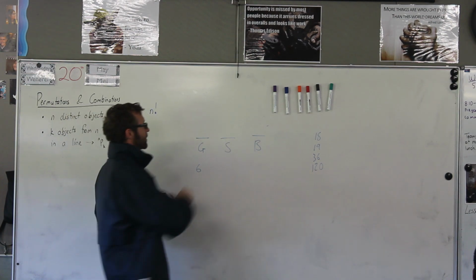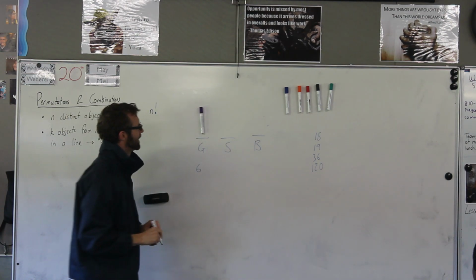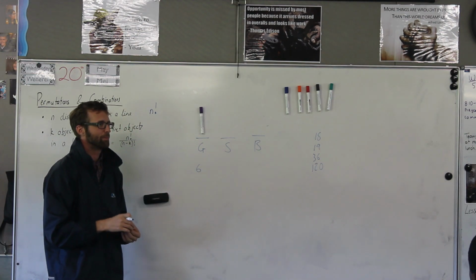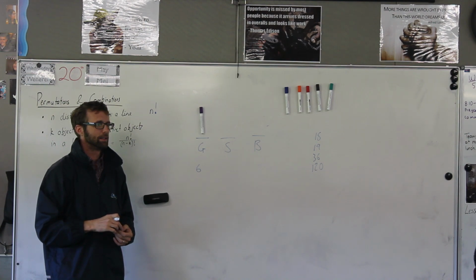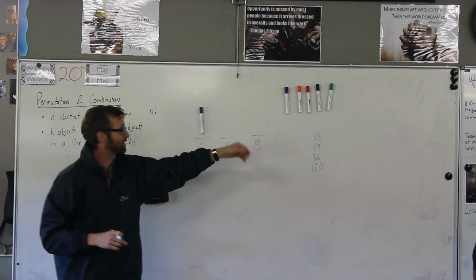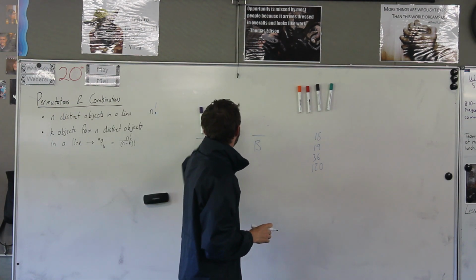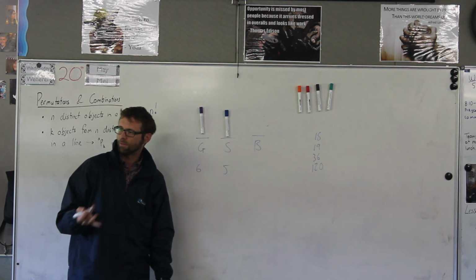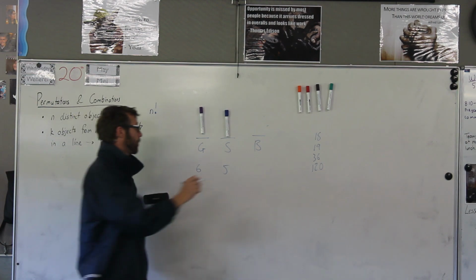Once I've picked someone for gold, say this chap, I'm now going to pick silver. How many can I pick from now? Once I've already picked one, there's only 5 options left. Now when I go to pick bronze, how many have I got left? 4.